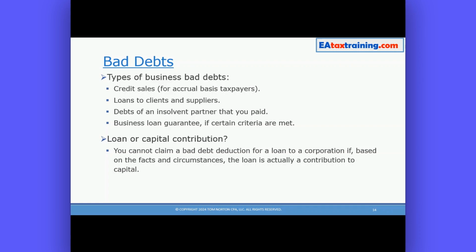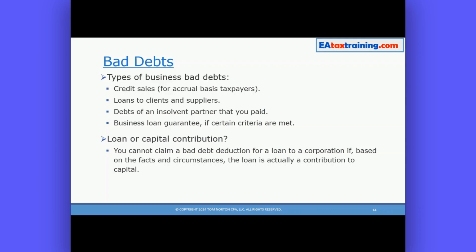So you guarantee a business loan and then the other party defaults and you have to make good on that. That can be deductible if certain criteria are met. You don't need to worry about those criteria for the EA exam. Just know that if you guaranteed a business loan and then have to make good on that, that can be a type of bad debt.